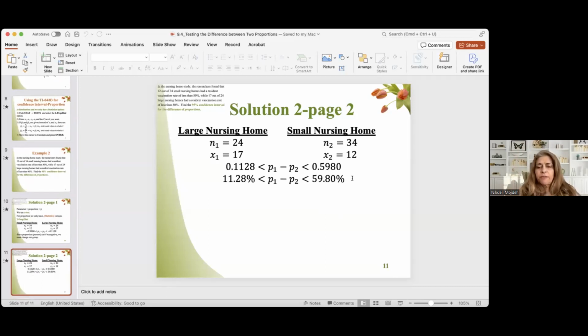Any question about example 2? One thing I wanted to point out, and this happens a lot: if you get to a place on your calculator and it doesn't look like it's asking for the right information. If, for example, you had chosen 2-SampZInt instead of 2-PropZInt, your screen would look different and it would ask for information you don't have.